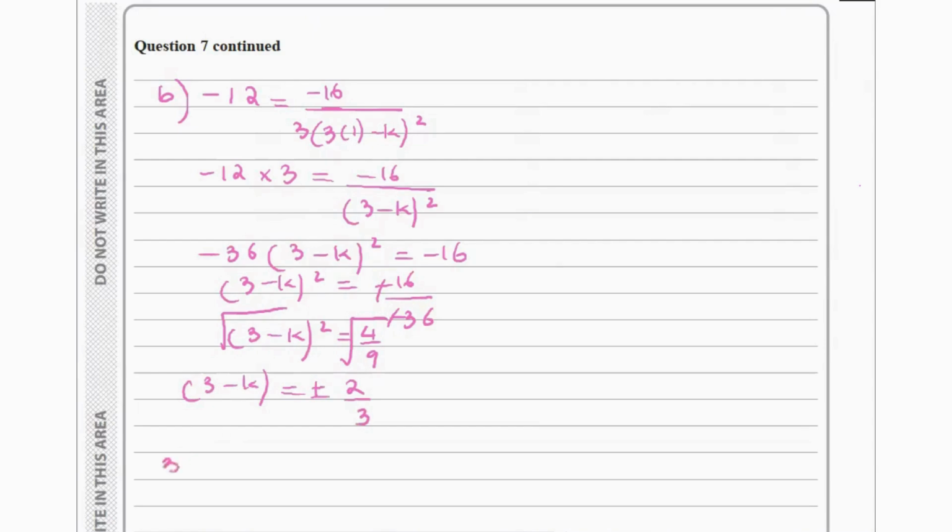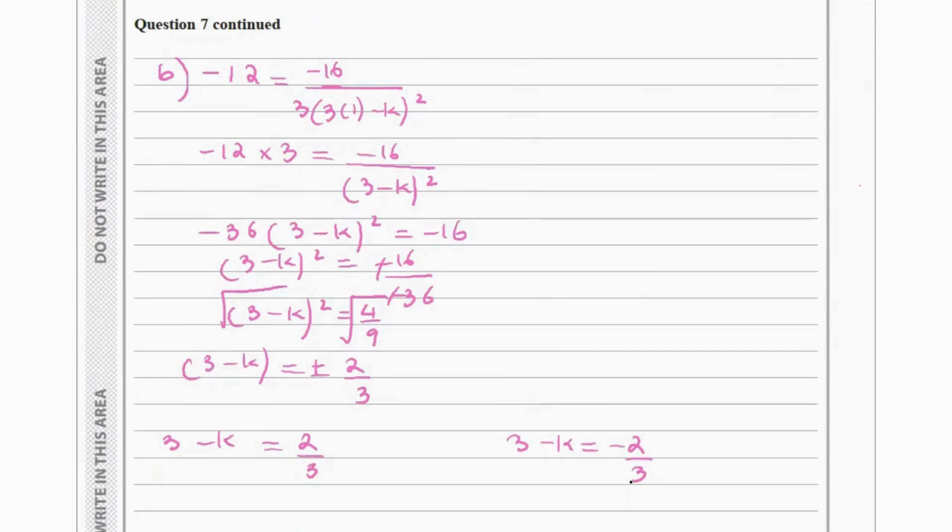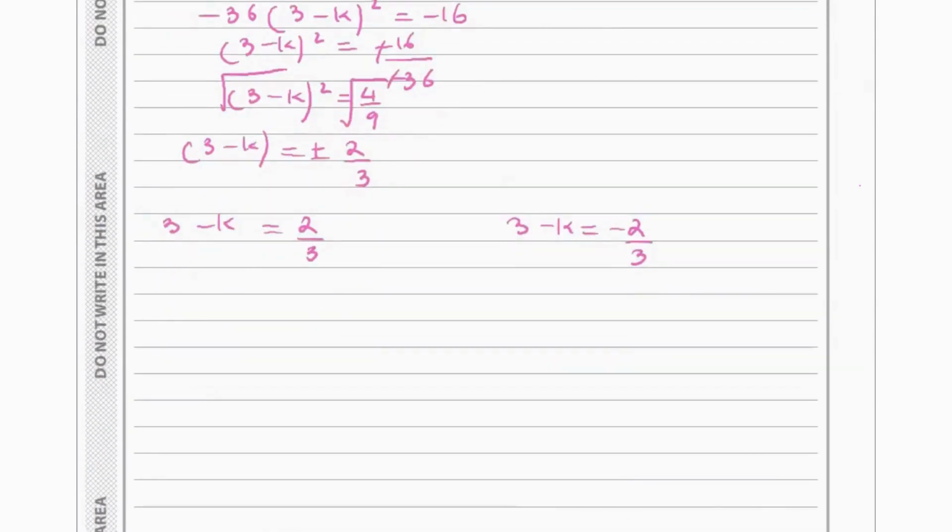So 3 minus k equals 2 over 3, or 3 minus k equals negative 2 over 3. So 3 minus 2 over 3 equals k, and 3 plus 2 over 3 equals k. So 9 minus 2, 7 over 3. And the other one is going to be 11 over 3. These are the two values of k.